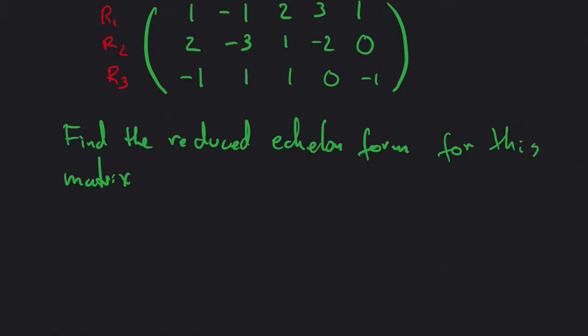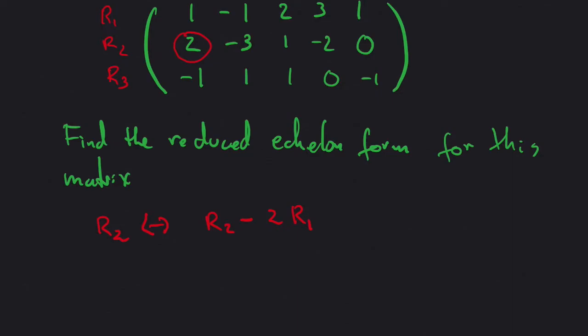Let me use R1, R2, and R3 to denote the rows, so I know which row in particular I'm talking about. My first move is going to be to get rid of these two right here. In order to do that, I'm going to replace the second row with the second row minus 2 times row 1.